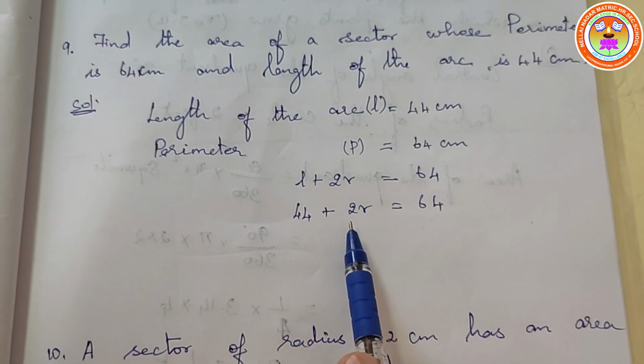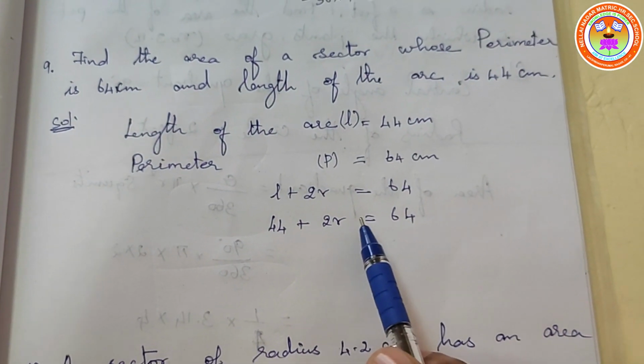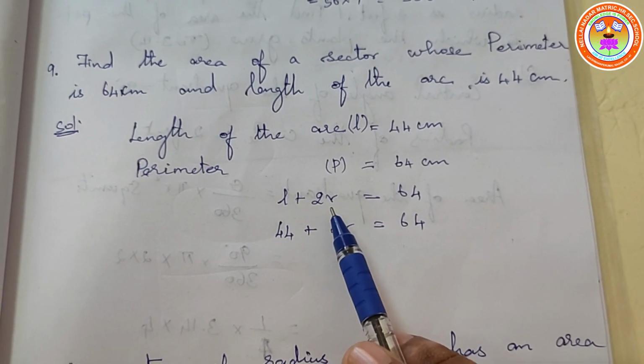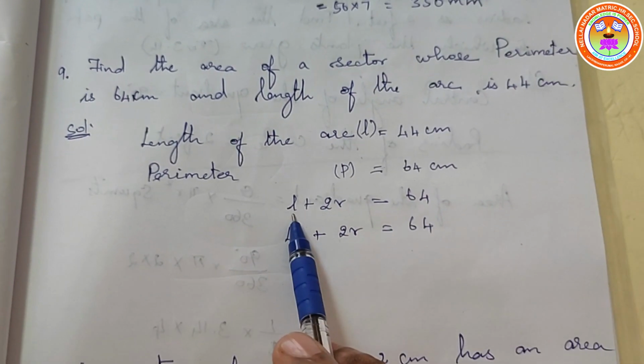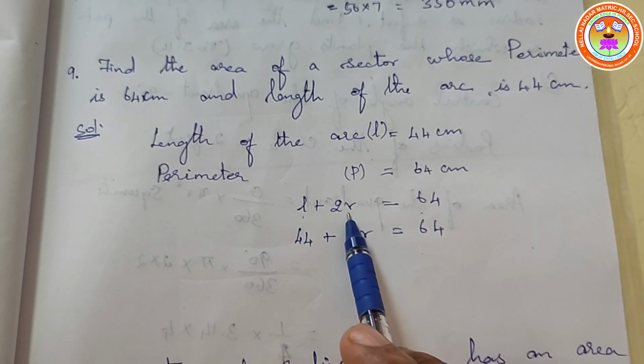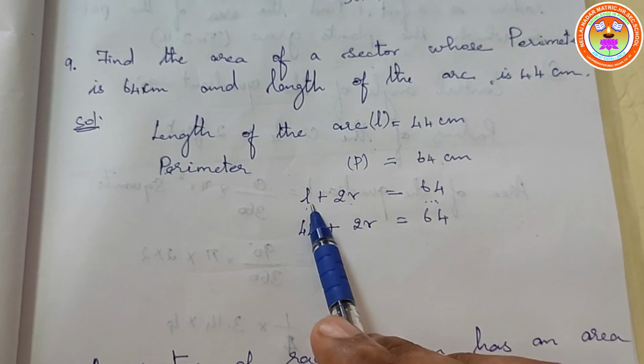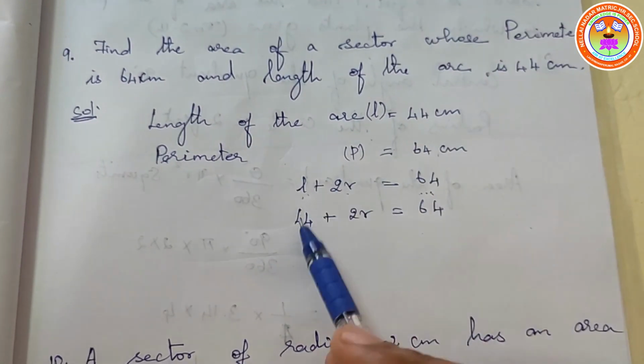They asked us to find the area of the sector. So before going to find the area of the sector, we want to find the radius. We will write the perimeter formula: L plus 2R equal to 64. It's given in the question itself. Value of L is nothing but 44.